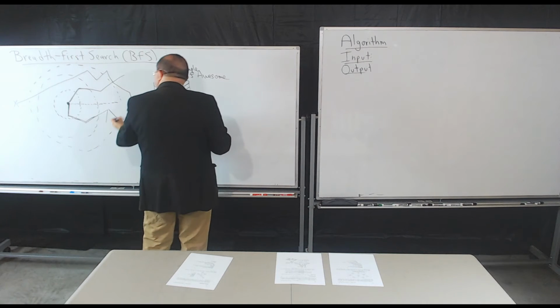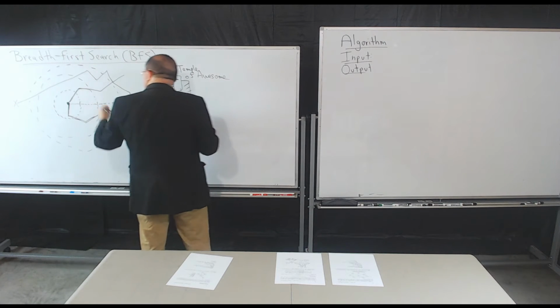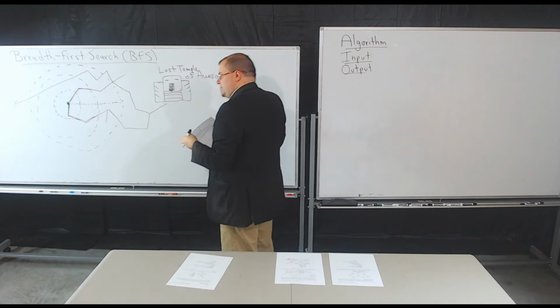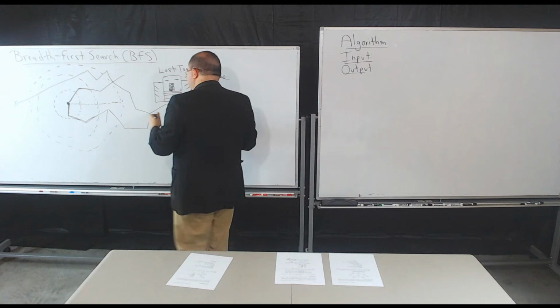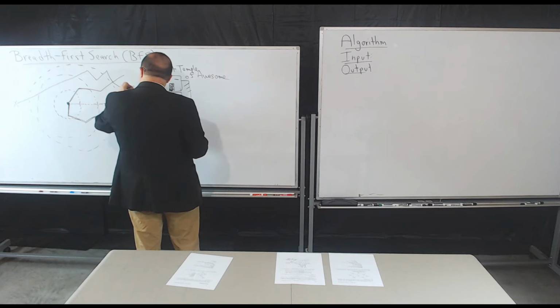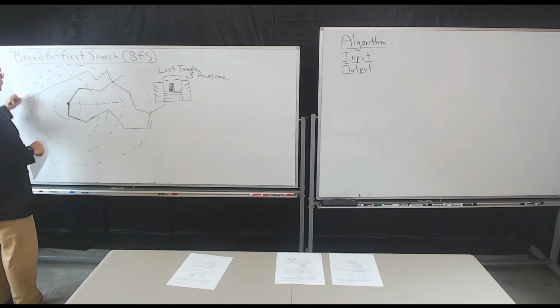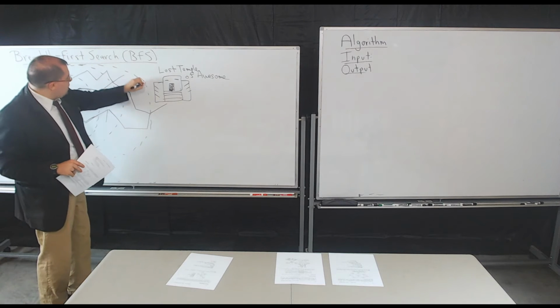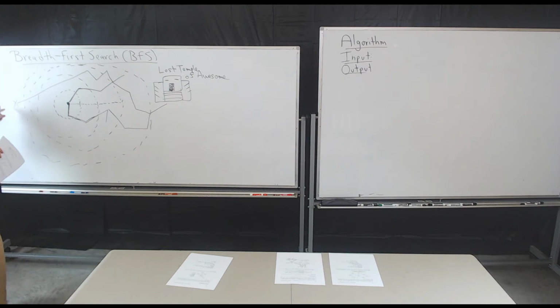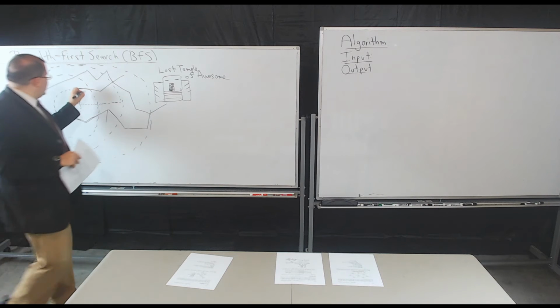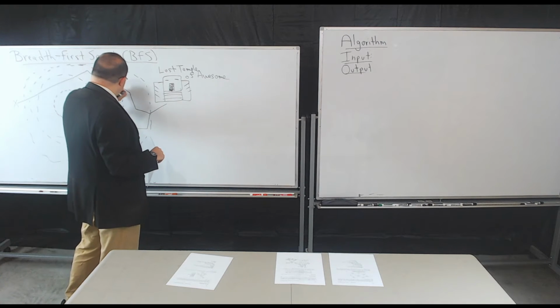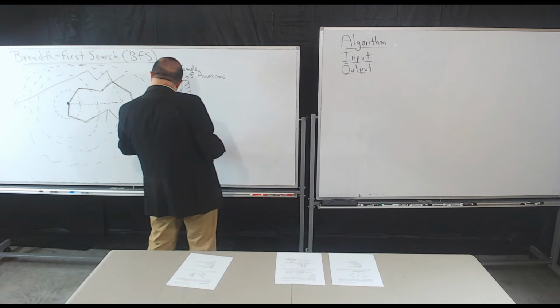You'll notice that the distance I travel is only in some incremental steps. These should all be about equally spaced. The point is that if I take a breadth-wise approach, I could avoid this really long veering path. For example, I might eventually discover this fork and see the temple right there.